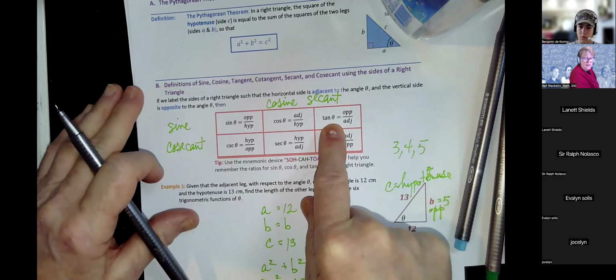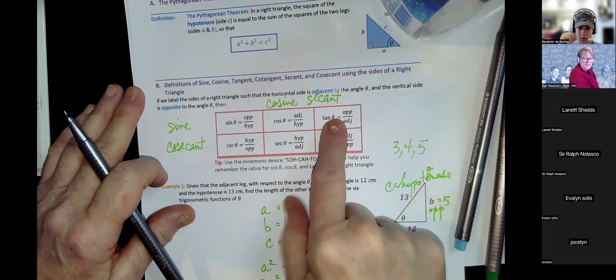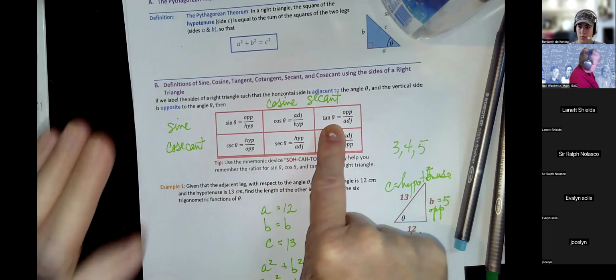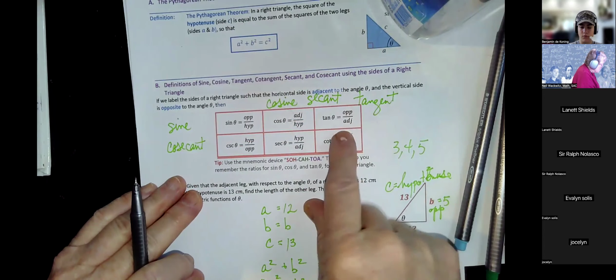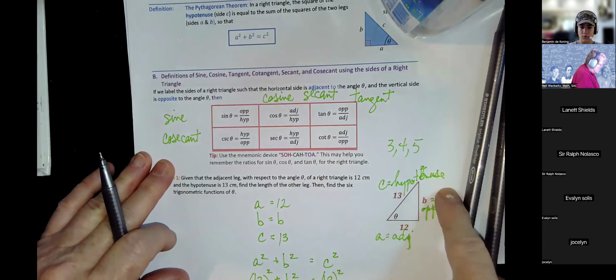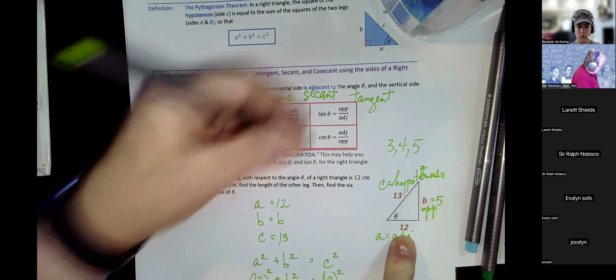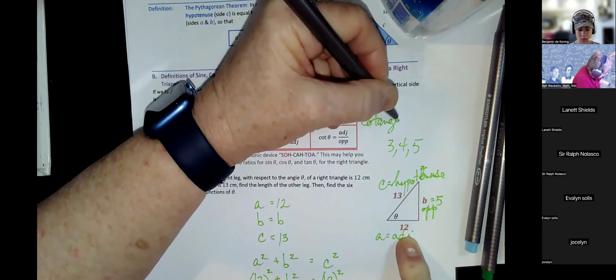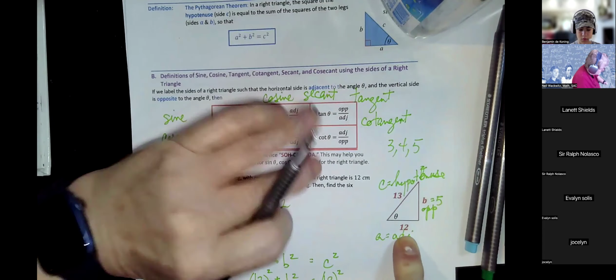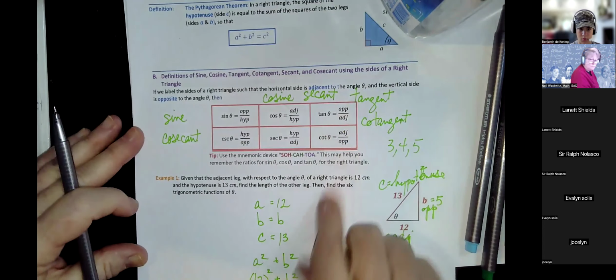Tangent is the only one of the three that ignores the hypotenuse. Tangent, and let's write that out. Tangent is opposite over adjacent. Opposite over adjacent. And the cotangent is its reciprocal.